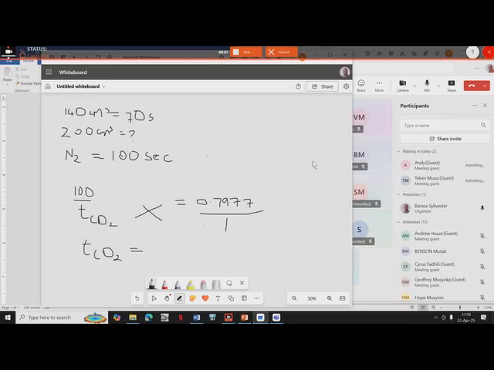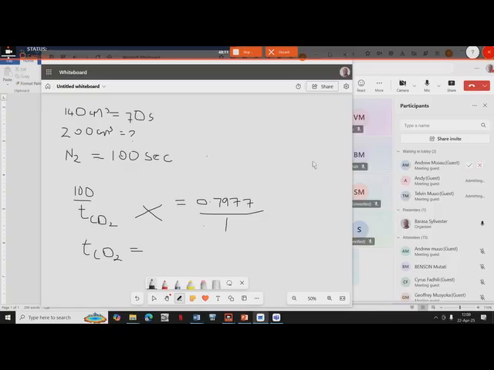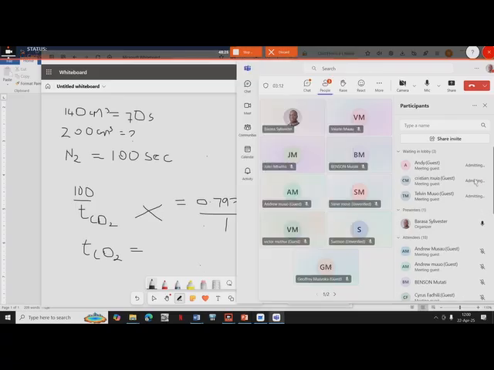What are you getting? It will be 100 divided by 0.7977. You are getting what? 100 divided by 0.7977.